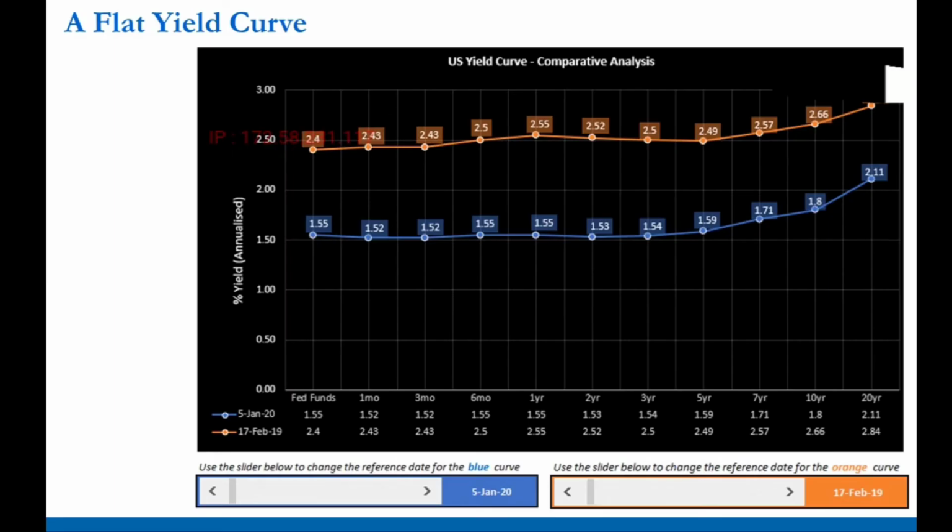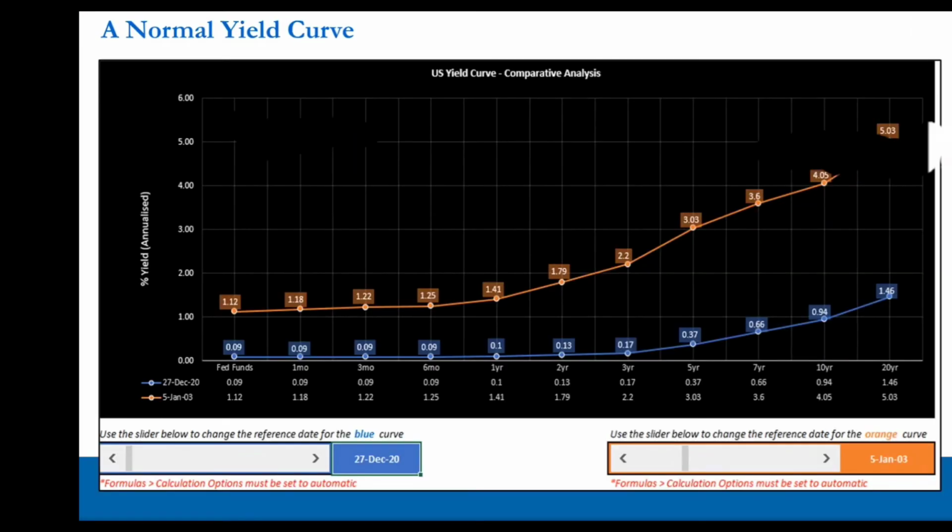So I built this on Excel, and I put all of the bond prices as a data point, and that way I can slide from one date to another and see the yield curve, right? And to see where it's at. Now, we know that there's 3 ways this can go.